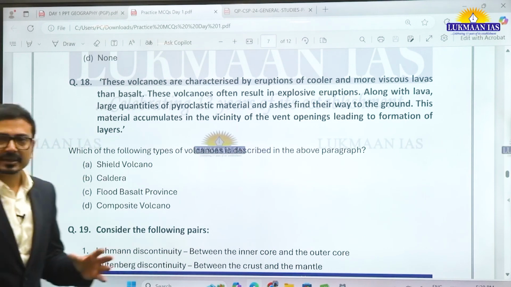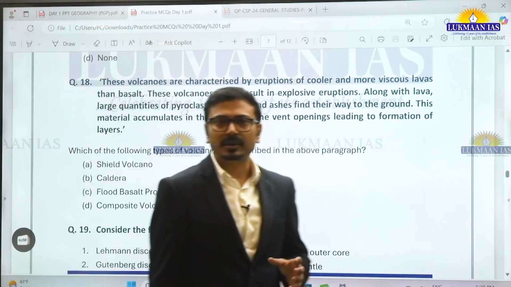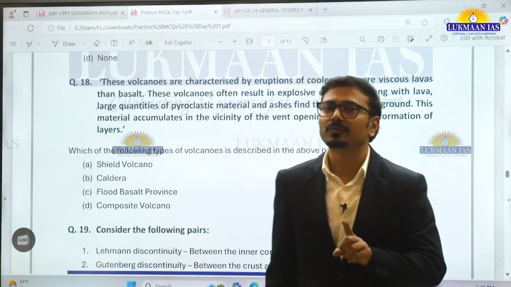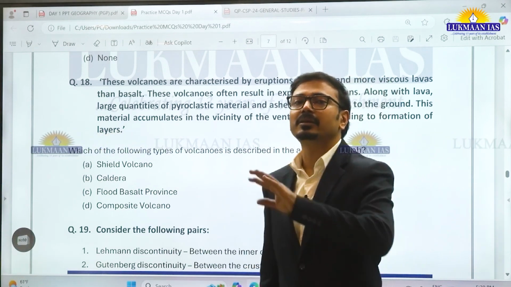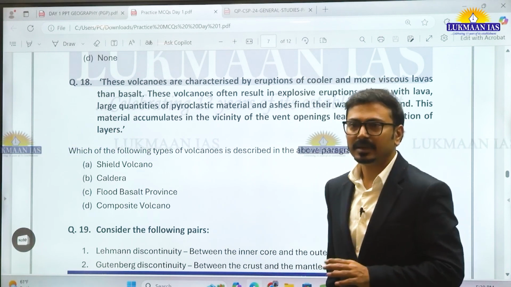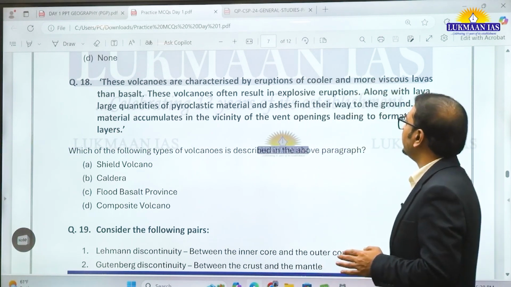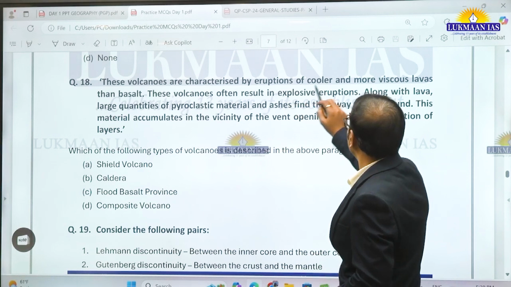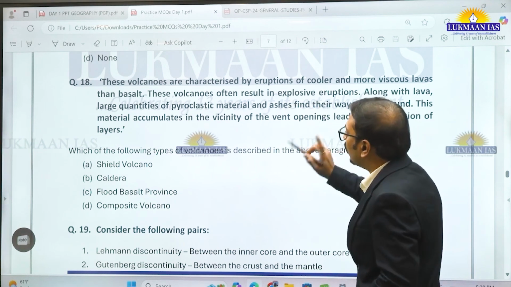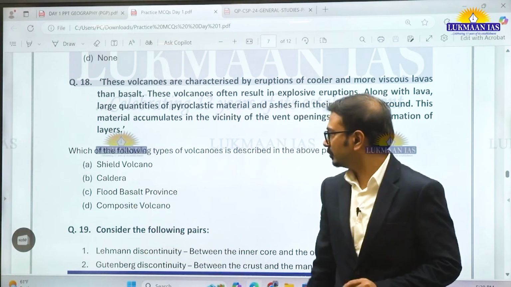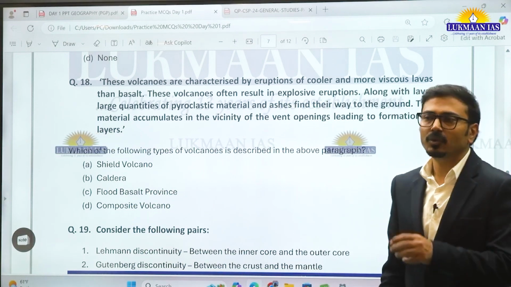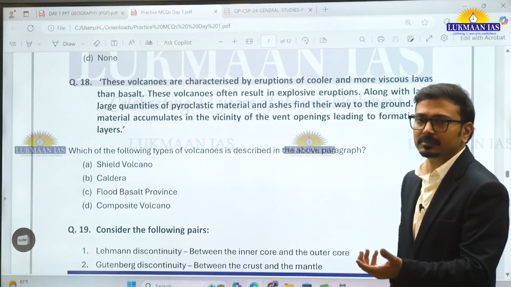In description type of question, let me give you a hint. Identify any key information, key word from the description and try to eliminate the options. Like these volcanoes are characterized by eruption of cooler and more viscous. More viscous is mentioned, so I removed shield volcano and flood basalt because they are fluid.